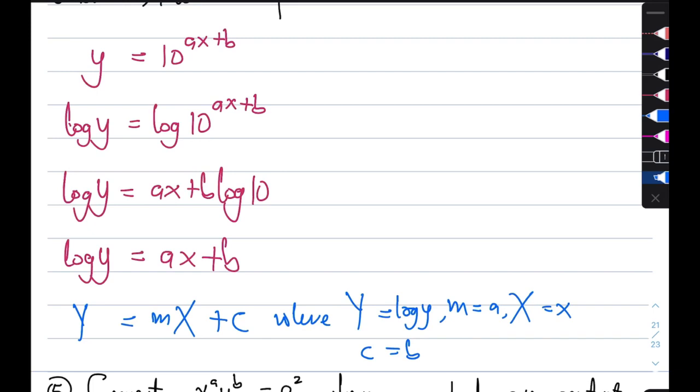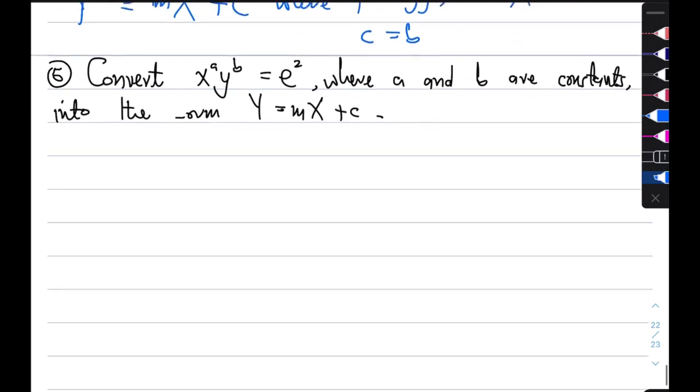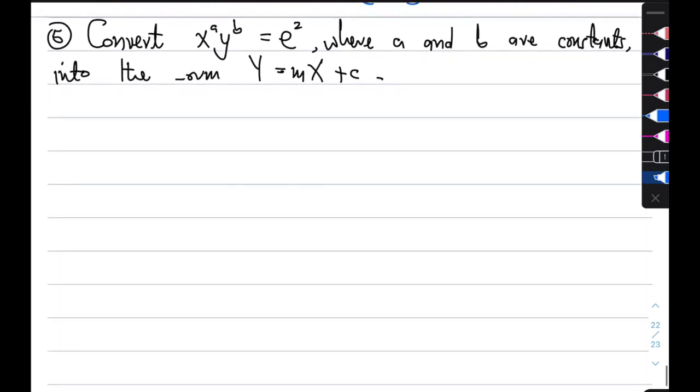All right, let's consider our last but one example. We want to convert what we have here into the form y equals mx plus c. Now if you are given something like x to the power a, y to the power b is equal to e to the power 2.